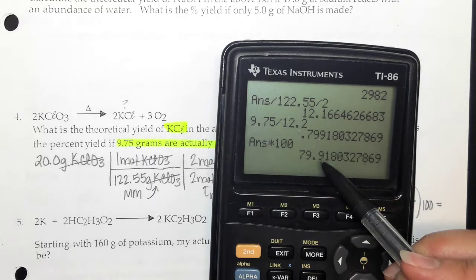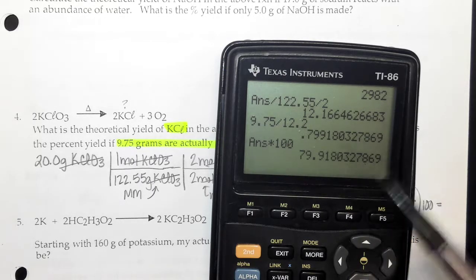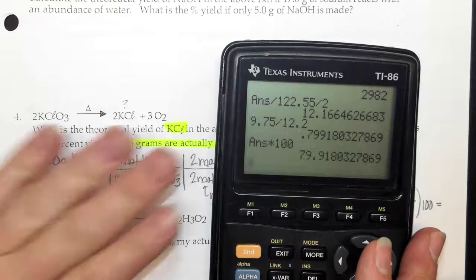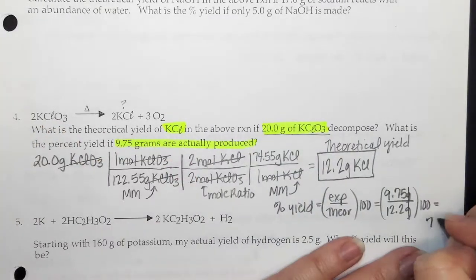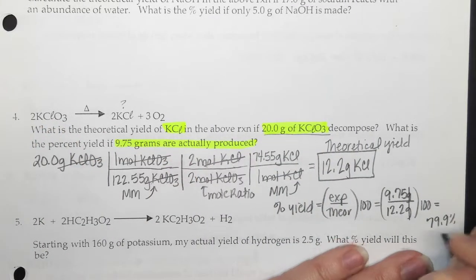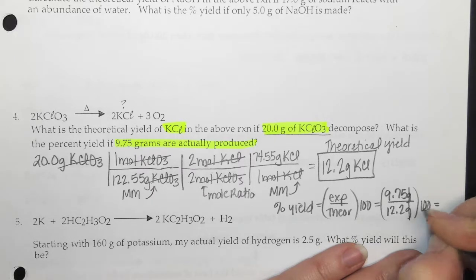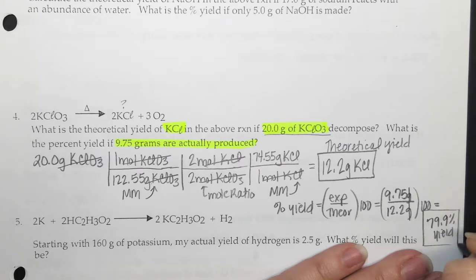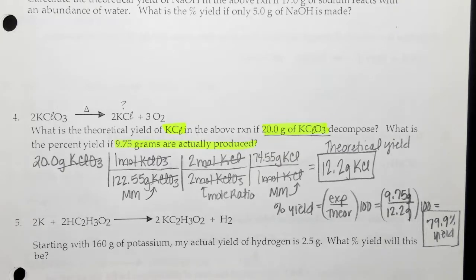Keep the 7, keep the 9, keep the 9. So I'm at 79.9% yield. And numbers 3 and 5 on the worksheet look just like this type of problem.